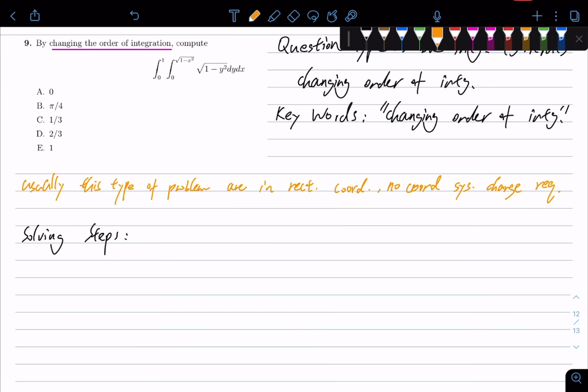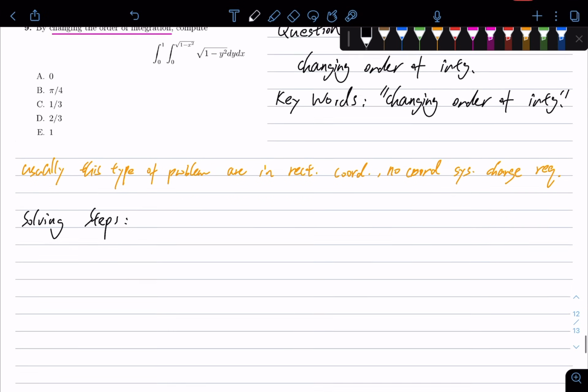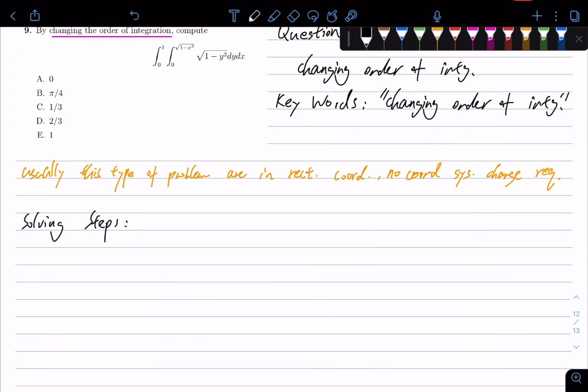Okay? So for any integral calculation problem, my approach is always to draw the region out. So first is draw the region.